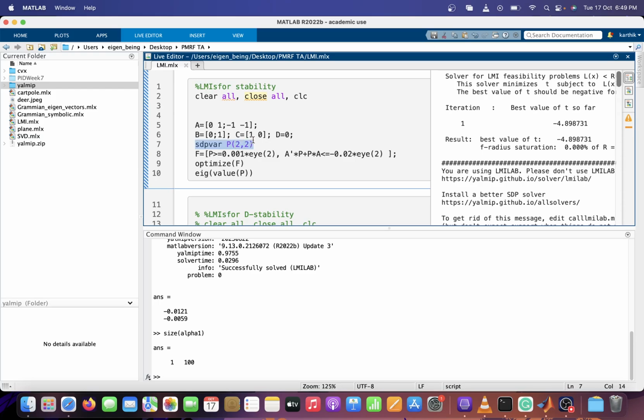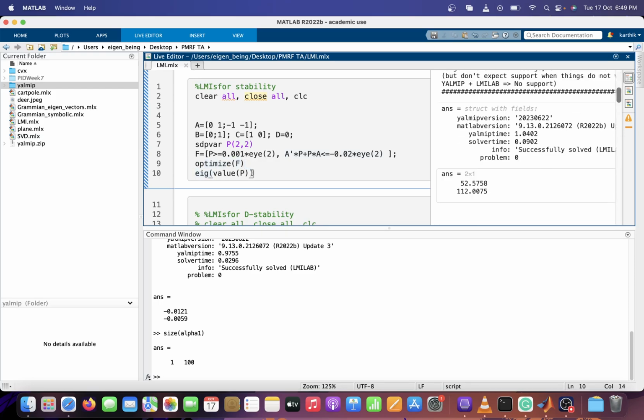So SDP var is your SDP variable. I declare P as a 2x2 matrix. Now I have to give the optimization problem, that is P should be positive definite and A transpose P plus PA should be negative definite. Now I just have to give optimize P.